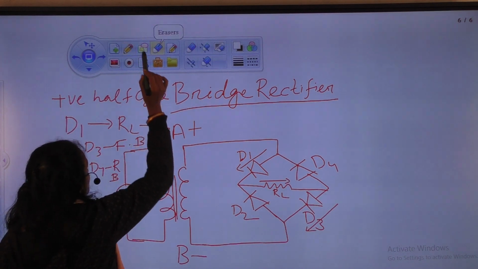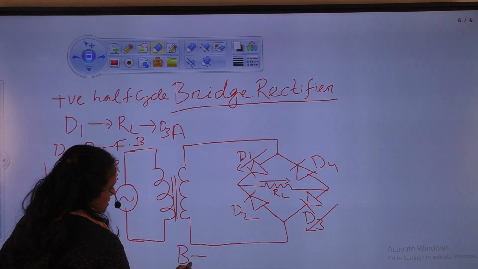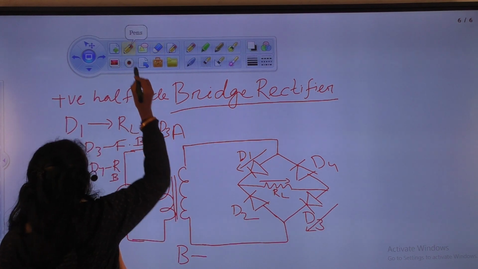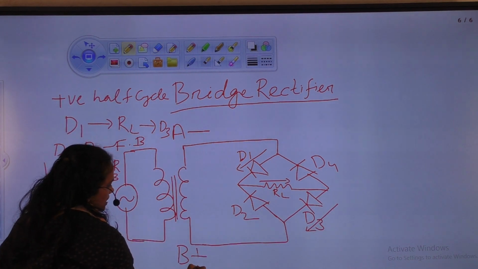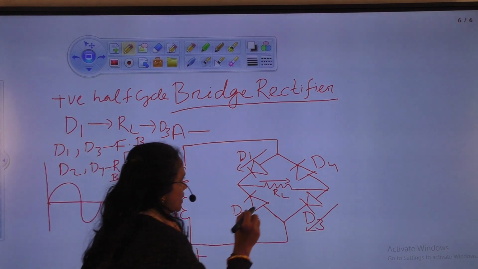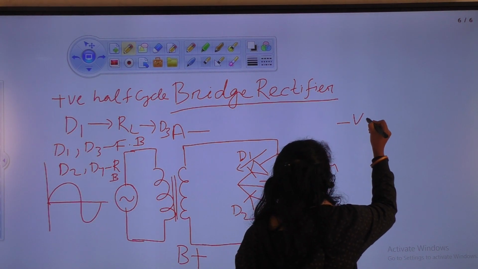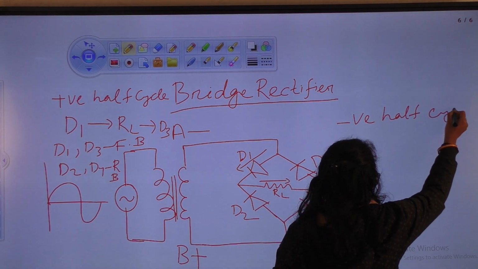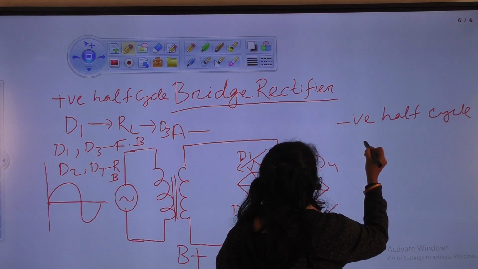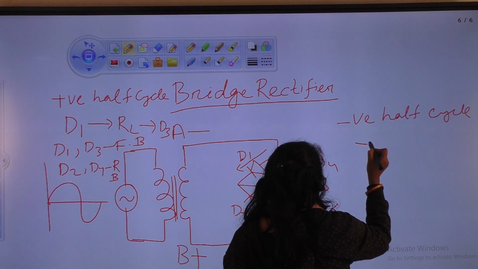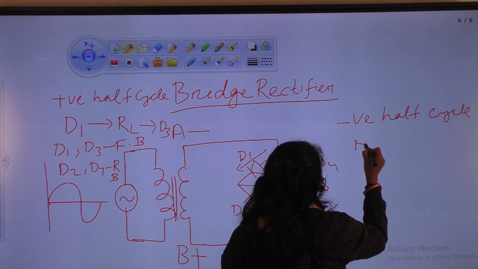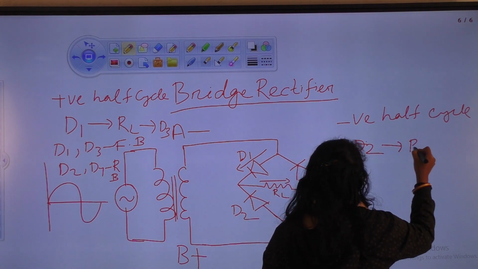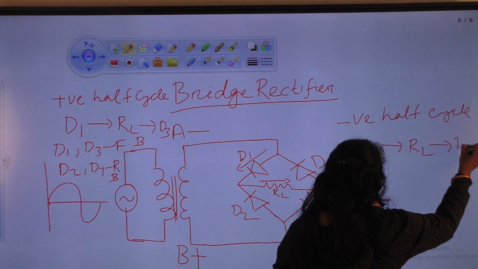When we give negative half cycle, end A becomes negative and end B becomes positive. So in negative half cycle, current flows through D2, RL and D4.